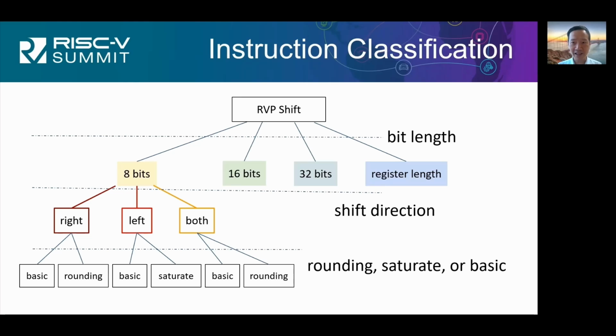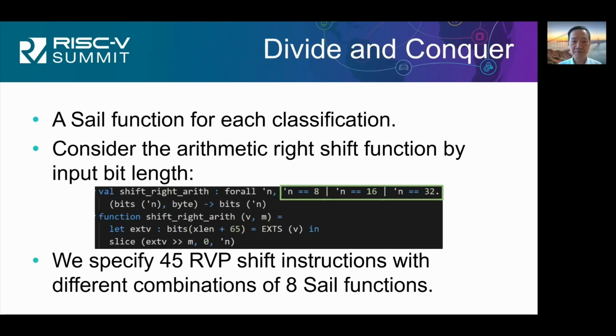Based on this classification, we write a CEL function for each classification. For example, consider the arithmetic right shift function, and in this case, we classify by bit length. So in the code here, we write a very simple shift right arithmetic function, and the input can only be 8 bits, 16 bits, or 32 bits.